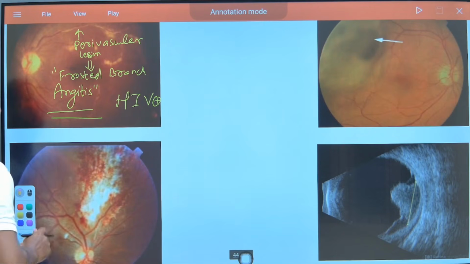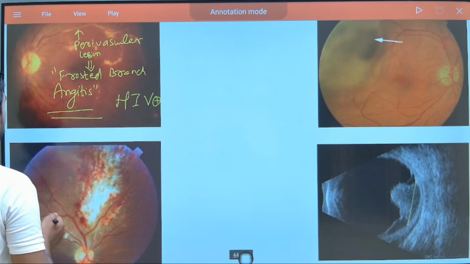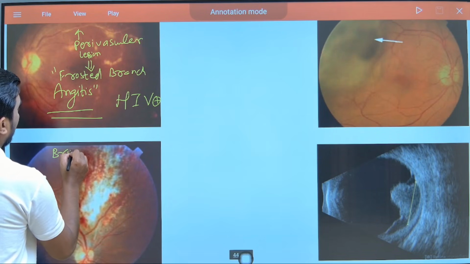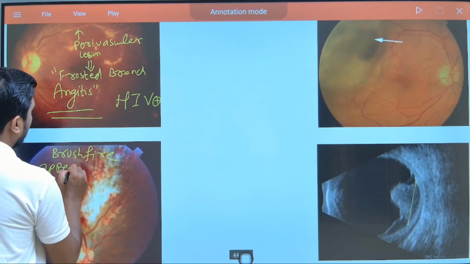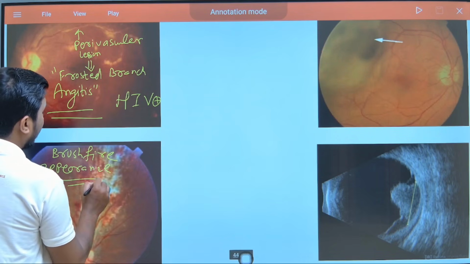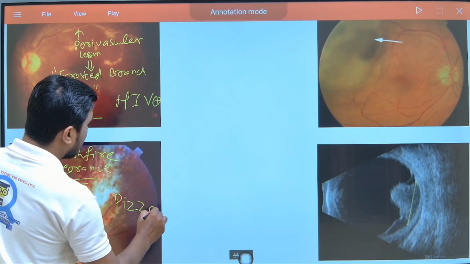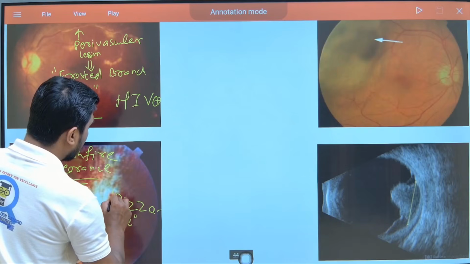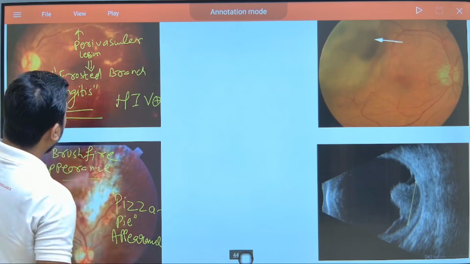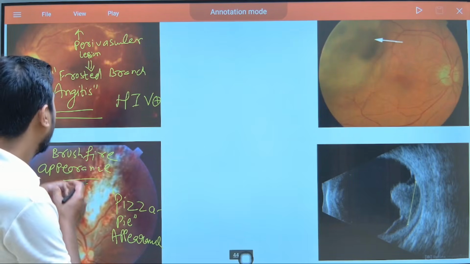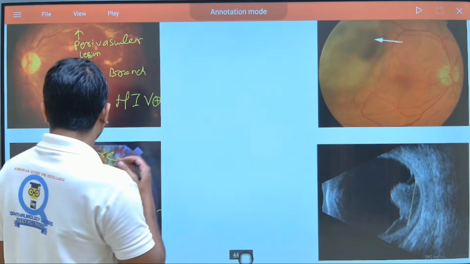This is called brush fire appearance, also a brush fire appearance, or we can also say pizza pie appearance. Pizza pie.